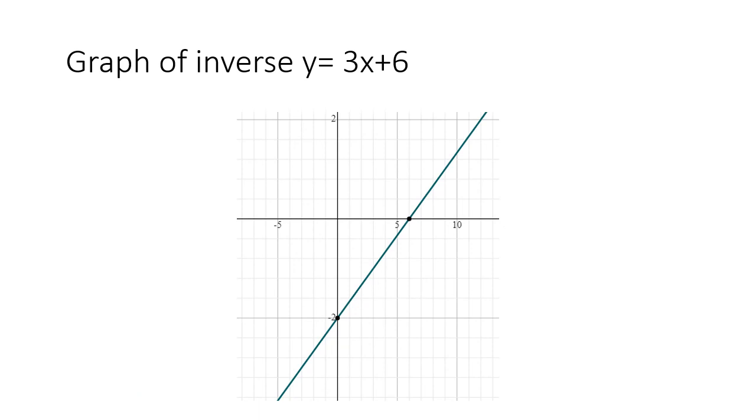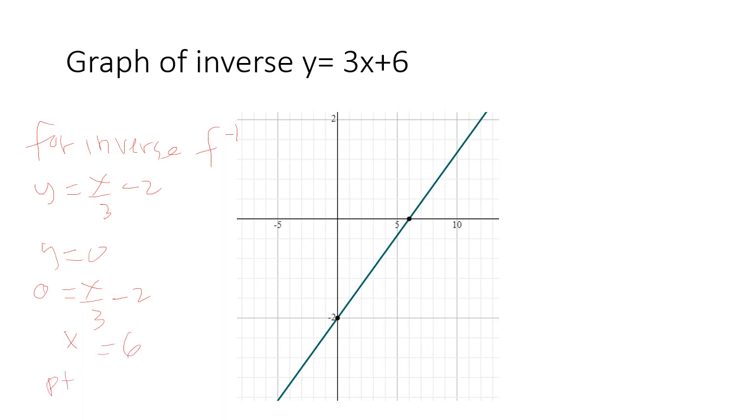So for the inverse of the function y equals x over 3 minus 2, when y equals 0, 0 equals x over 3 minus 2, so x equals 6.